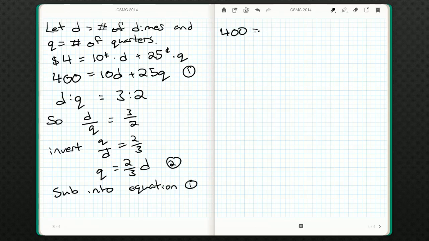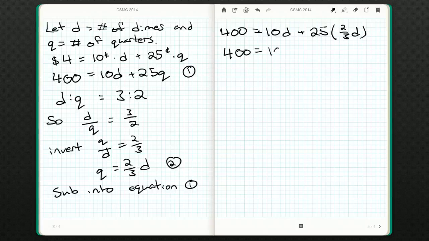So 400 is 10 times the number of dimes, plus 25 times 2/3 the number of dimes. So what do we have there? 10 dimes, and then we have 50 over 3 dimes. We can get a common denominator there: 30 over 3 dimes plus 50 over 3 dimes.